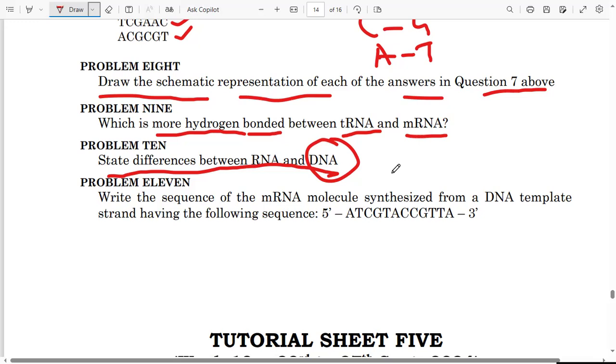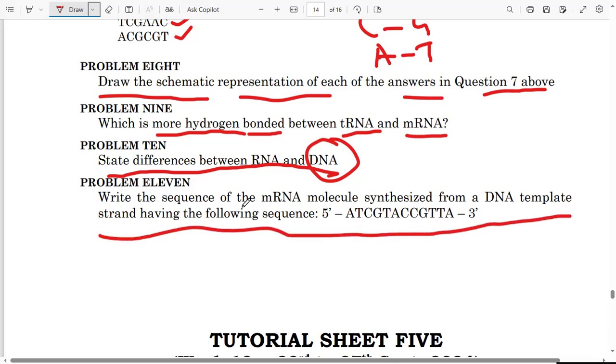So it's less stable because it is single-stranded and it has the ribose sugar. So all these answers I'm saying, they are there. Then let's look at this last question here. Here they're saying write the sequence of mRNA molecules.